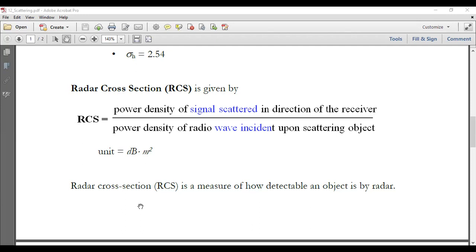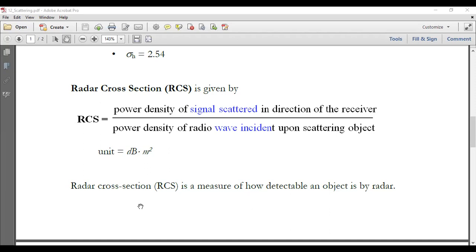So how much energy you get back can actually confirm it. If you have a better signal back, then your decision will be more reliable. So it's very important how much the object reflects.